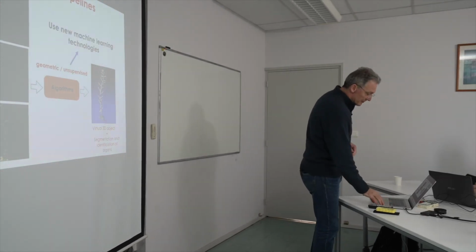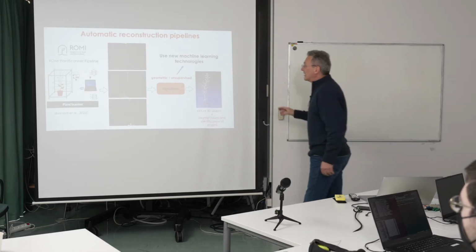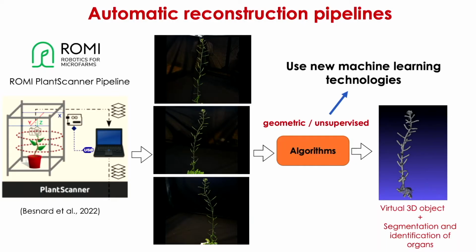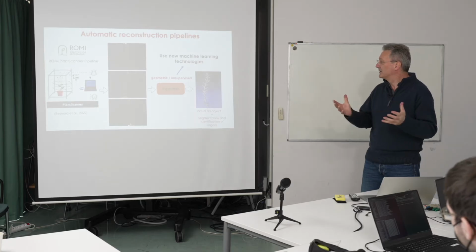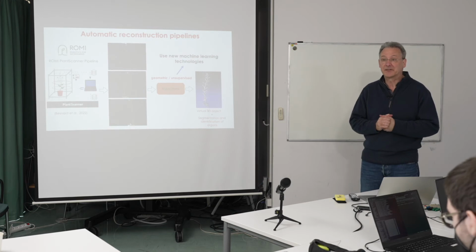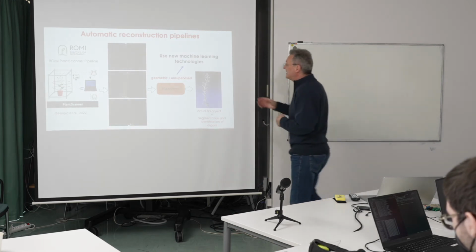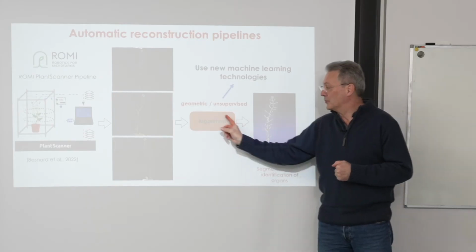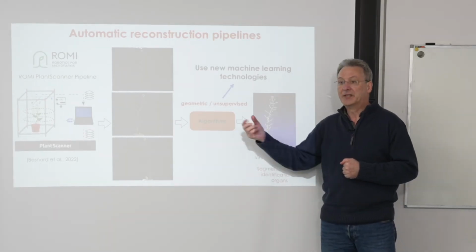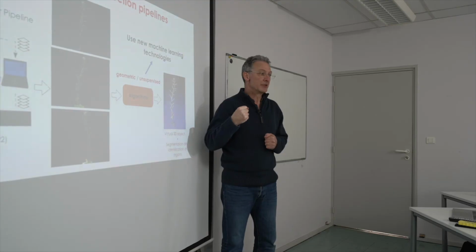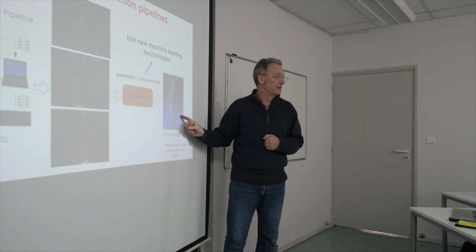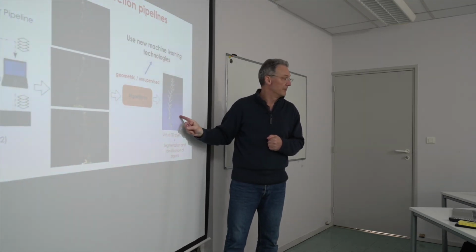And this algorithm actually, in the context of the new trend of machine learning technology that has been invading the world of science in the last 10 years, we see that there is a hope that to build this algorithm, we can use the actual real data in order to train the system to extract the right information from the different point clouds.